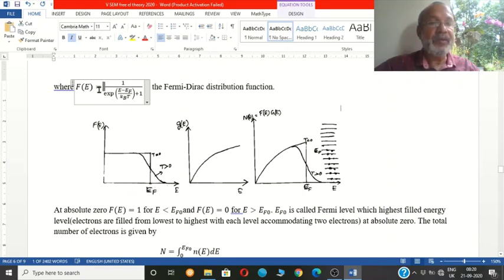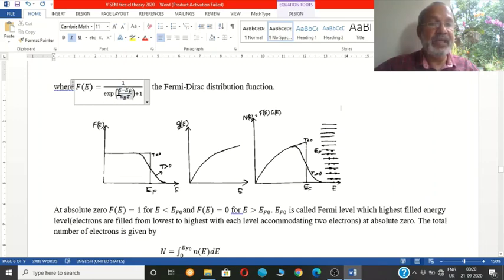This is a property of the Fermi-Dirac distribution function at T equal to 0. Now let us see how we can understand this step graph. For E less than EF, the numerator is negative, and when T is equal to 0, the entire exponent becomes negative infinity.